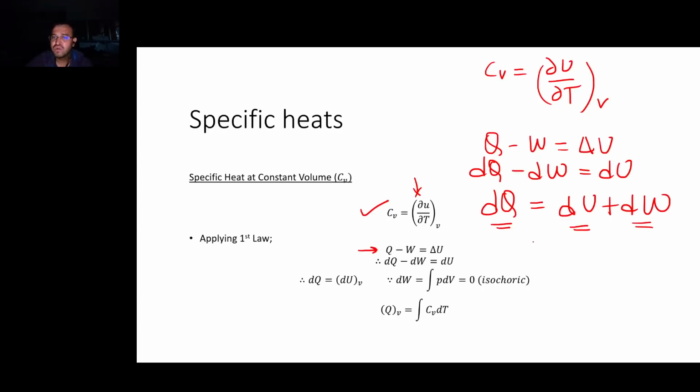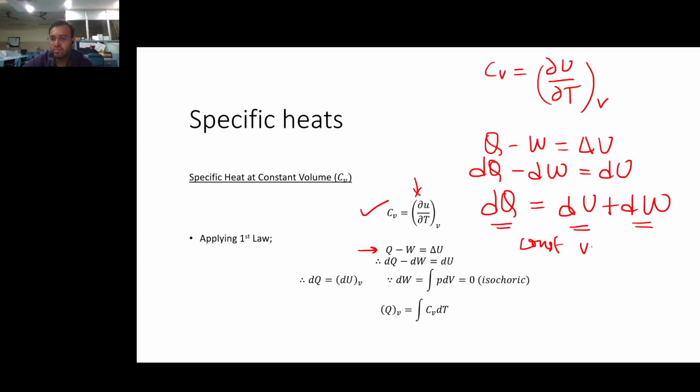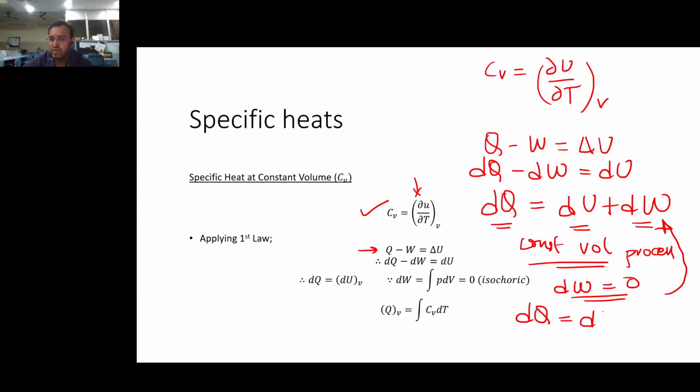However, we know that for a constant volume or isochoric process, the work done is equal to 0. So if we plug in that condition, we are left with dq equal to du.